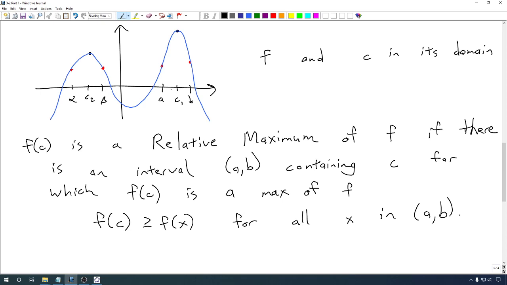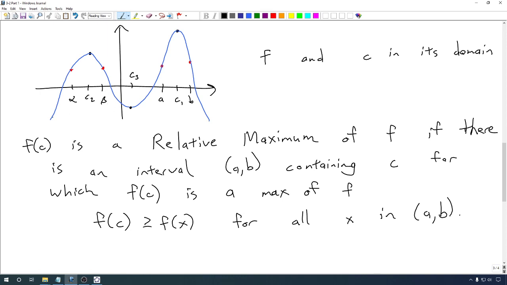In this picture here, we have a relative minimum here. Maybe this is c3 now. Kind of ran out of a, b, alpha, beta, but the point here is that around c3, it is a minimum of the function. So on some region around c3, it is a minimum.